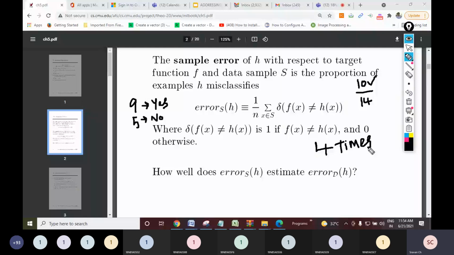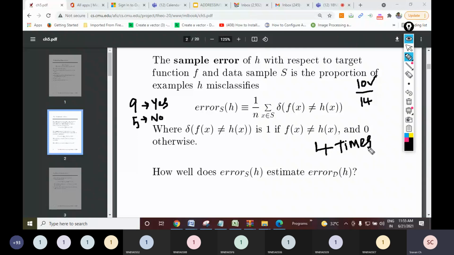In my sample data, there were 14 records. For those 14 records, 9 times there was yes and 5 times there was no. In sample data, we also know the output: for an input, what is the output? Now, when I tested the same thing on my model, it was giving correct answers in only 10 cases. In 4 cases, my model was giving a wrong answer.